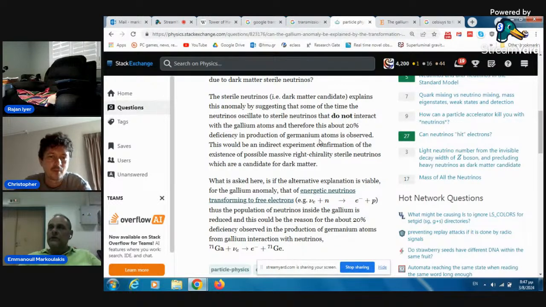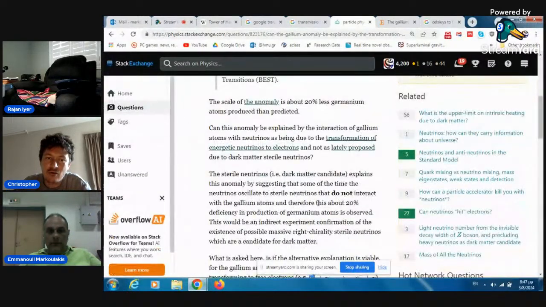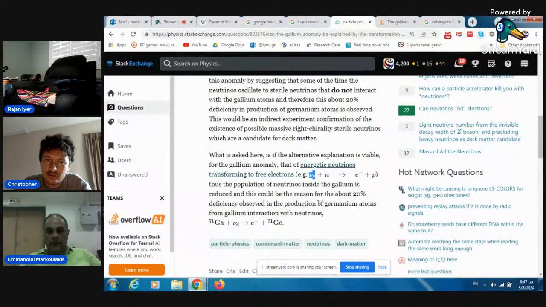Right. The theory is very, very precise. So the anomaly really then is that there's not enough tau. Excuse me, there are not enough electron neutrinos. No, there are not enough tau and muon neutrinos to account for the non-interactions.